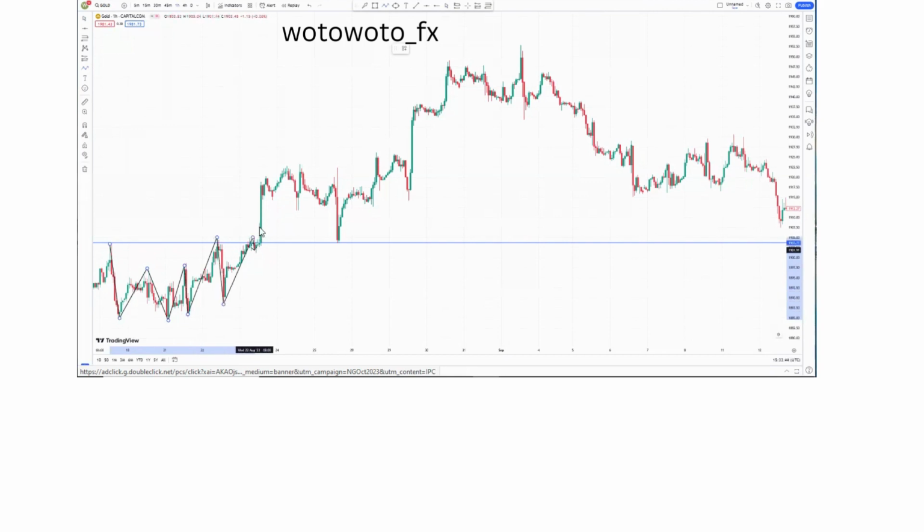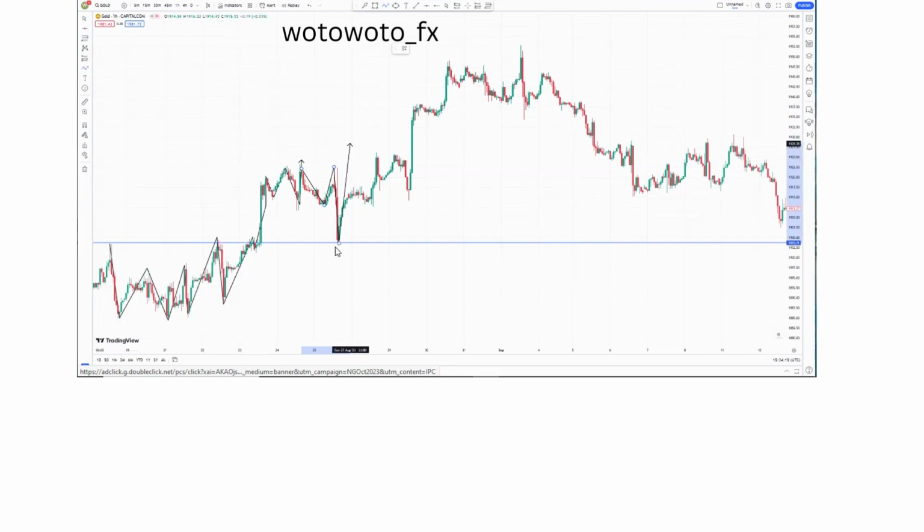This was how it broke. It broke this level. So when it broke this level and came to this upside, you get to see that price was just going up, coming down, going up, coming down, until price decided to come down and test this support level, which was former resistance.